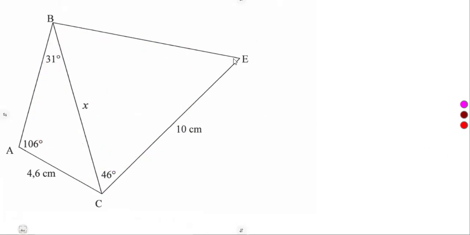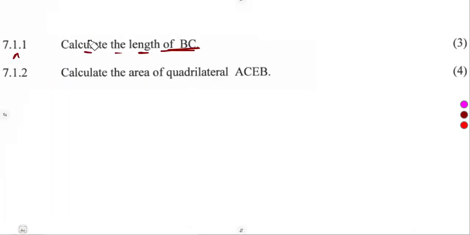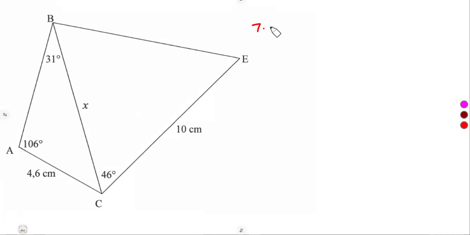In order to determine the length of side BC, we can work with the triangles. Remember the properties of triangles, as we worked with the cosine rule and the sine rule.